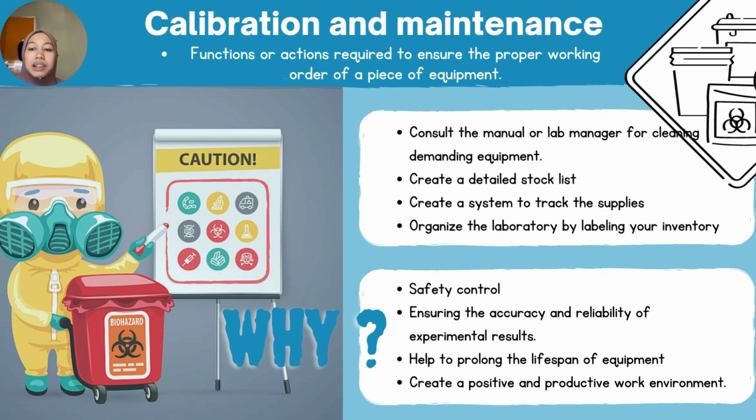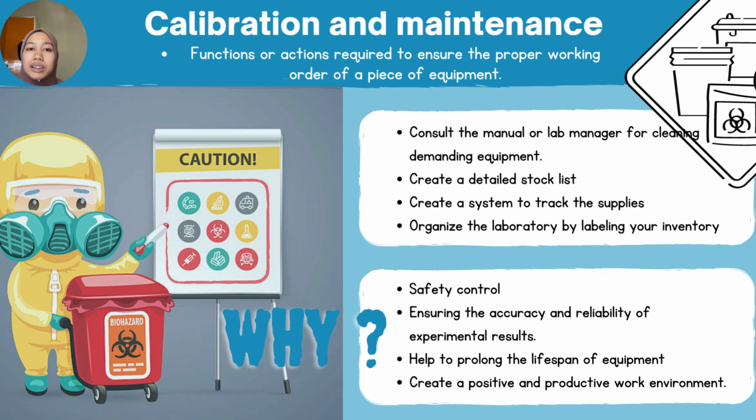Next is to create a system for tracking the supplies. This could include using sample management software to track your inventory or creating a manual system using a spreadsheet or database, because so far, the most efficient and less error-prone way of managing lab inventory is by using software.